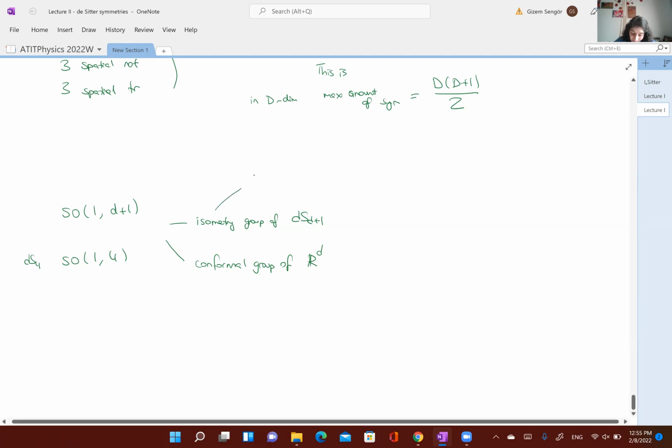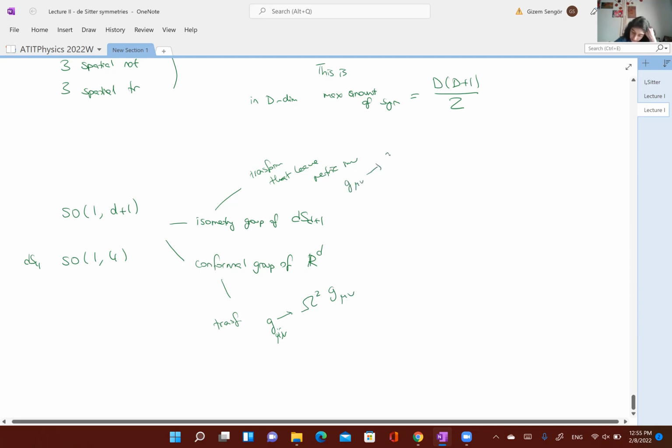So isometry group meant transformations that leave the metric invariant. A conformal group means transformations that change the metric up to an overall factor. So this is the difference.